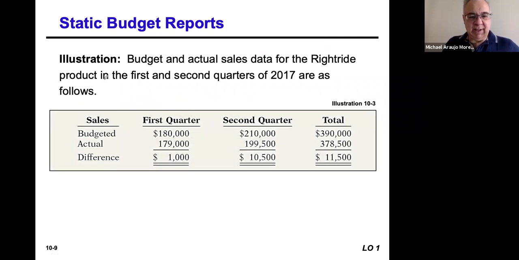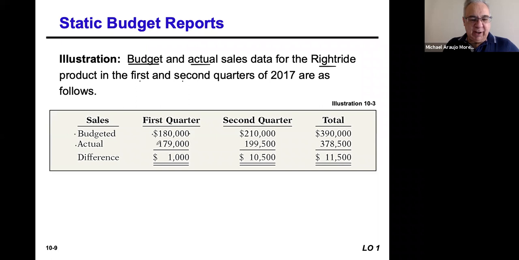So here is the budget sales and actual sales data for our Rightride product in the first and second quarter of 2017. We had budgeted 180,000 in sales in the first quarter.